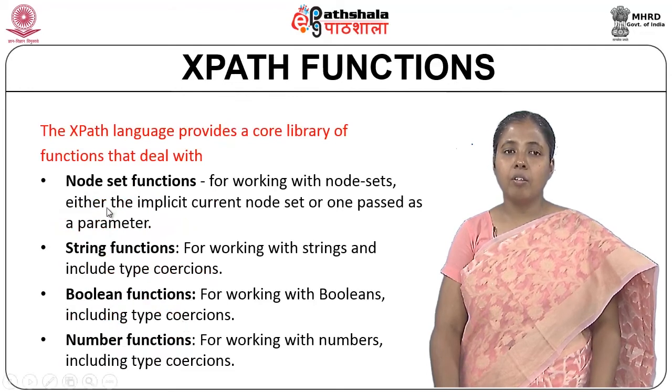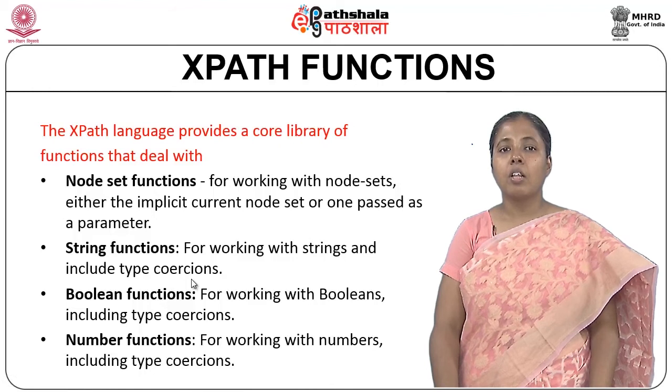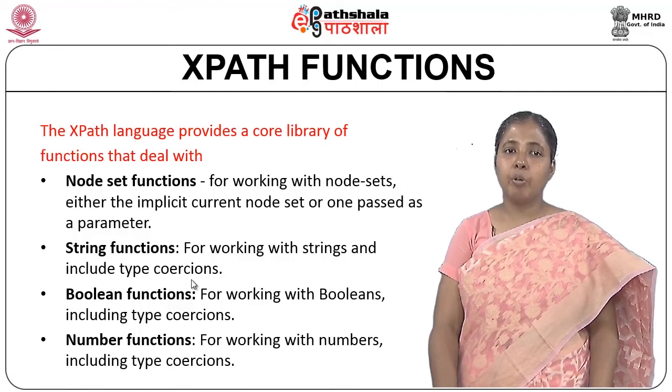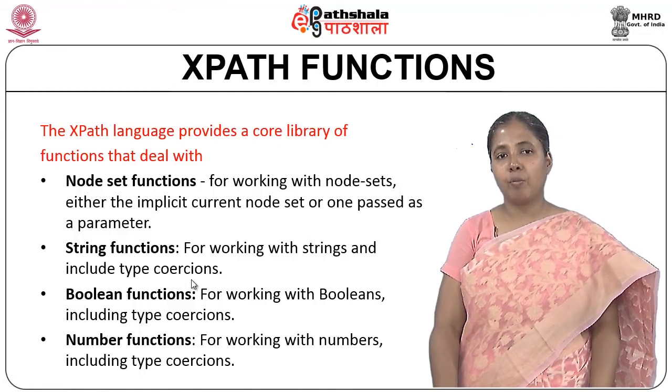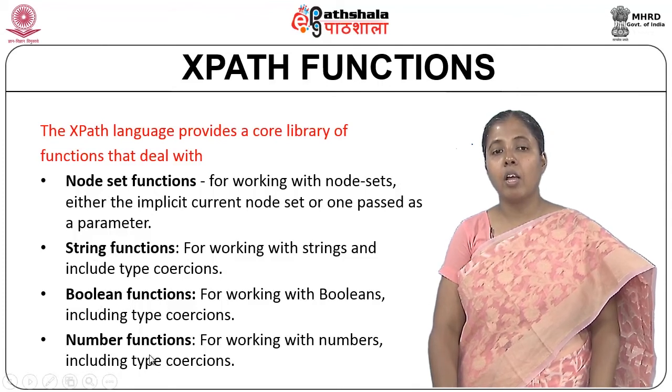And here we can see some of the XPath functions that are also available as a library for the XPath language. Some of the functions are node set functions, string functions, Boolean functions and number functions.